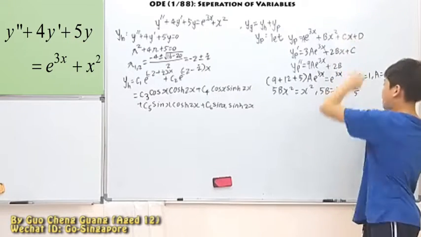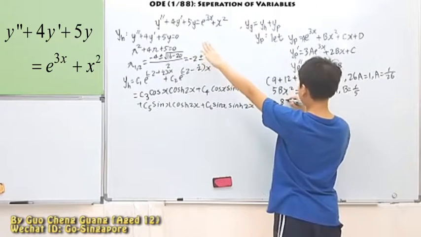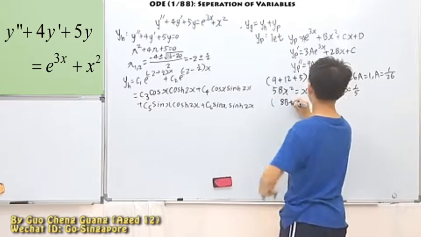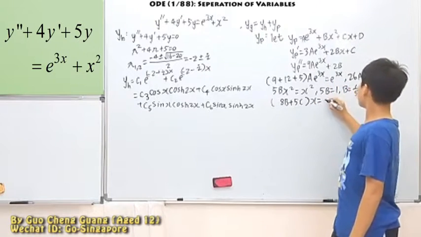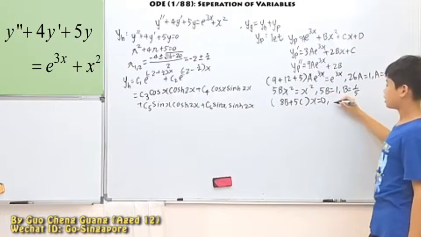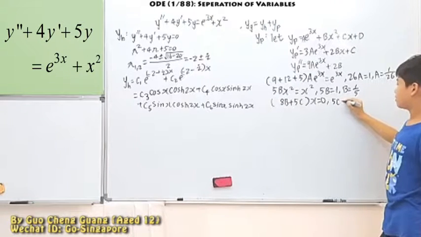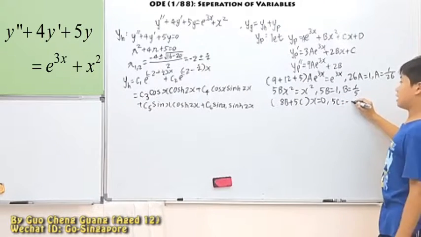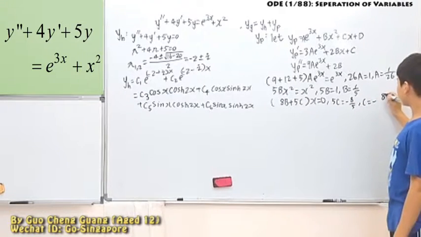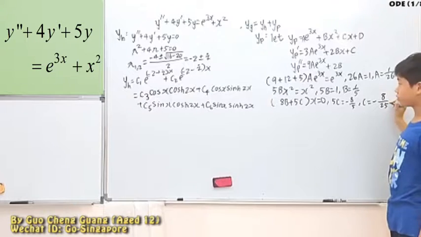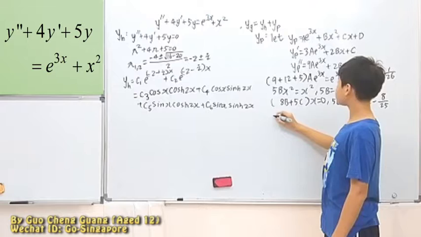Next part is x. Here is 8b, then after that is 5c, then x, and this is 0. So that would mean 5c is negative 8b, so c is negative 8 over 25.